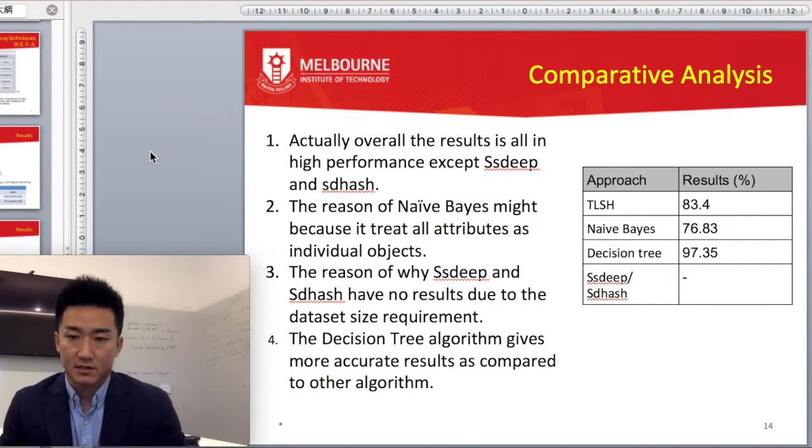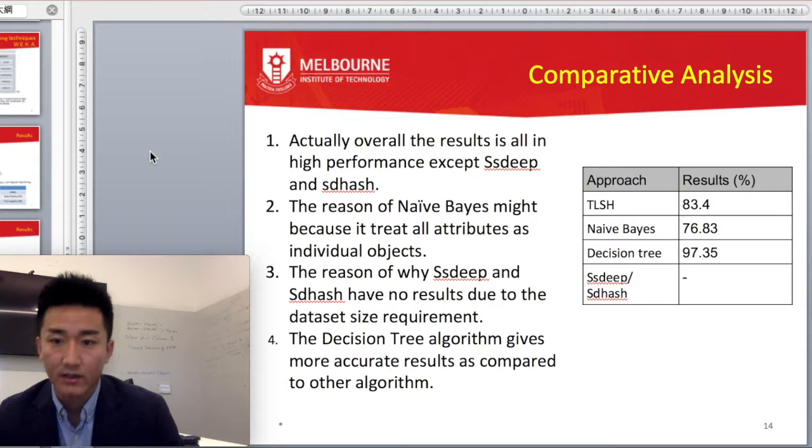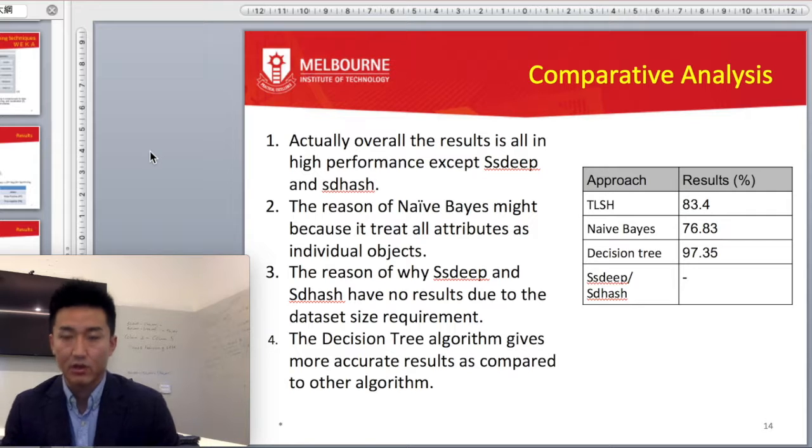Okay, from the right side of the slide, we can see the results of all the approaches. As we can see, the decision tree gets the highest rate with an accuracy of 97.35%, and naive Bayes got the lowest with just more than 76.